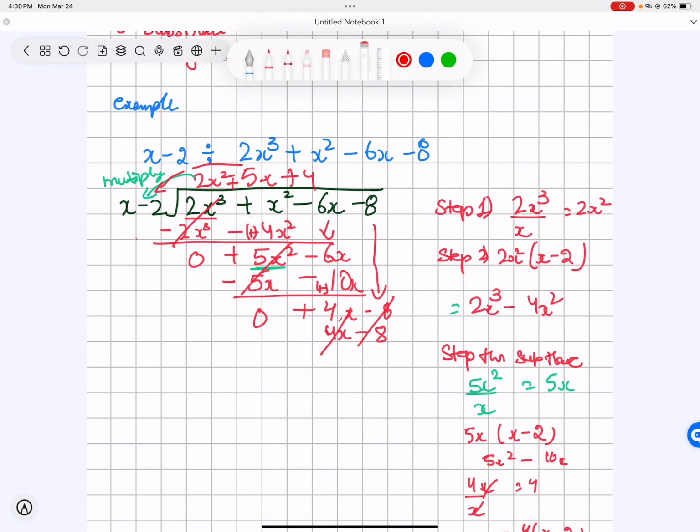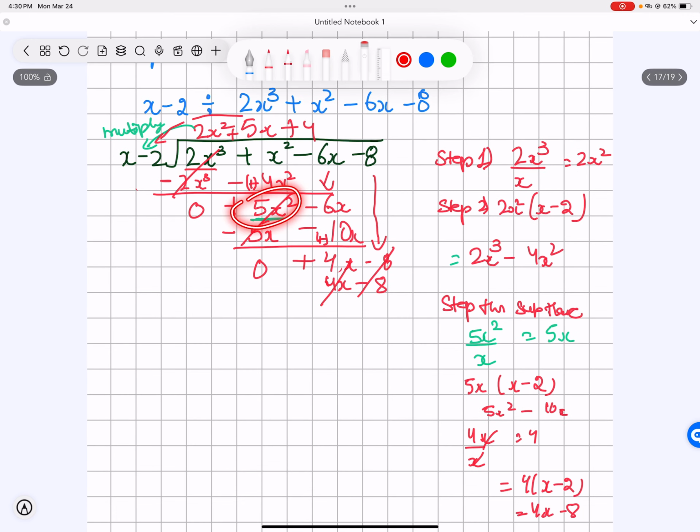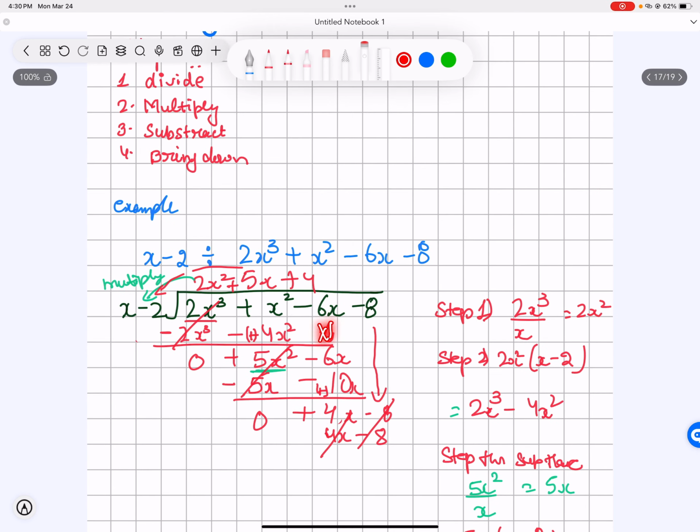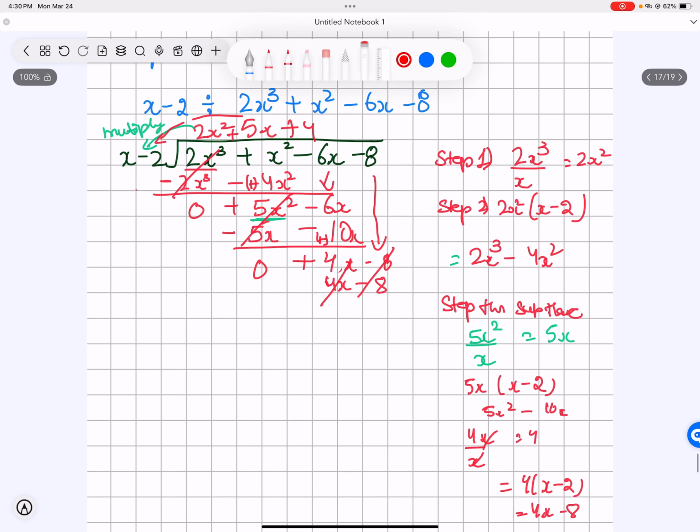And then again, whatever is left, I divide that again by x, and then I get 5x, and then I multiply 5x by x minus 2, which gives me 5x squared, 5x into 2 is 10x, and I bring down 6 from here, and then I subtract those. I cancel 5x squared with 5x squared. This is going to be 4x squared here.